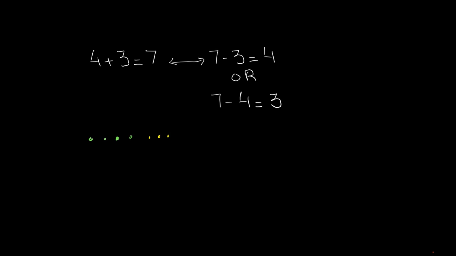If you subtract the 3 blobs, you're left with 4 green blobs, or if you subtract the 4 green blobs, you're left with the 3 yellow blobs. That was captured in the idea of the number bond that we had very early on in grade 1. Just want to remind you of all these facts so that when we start doing addition and subtraction, you would remember what we have done in grades 1 and 2.